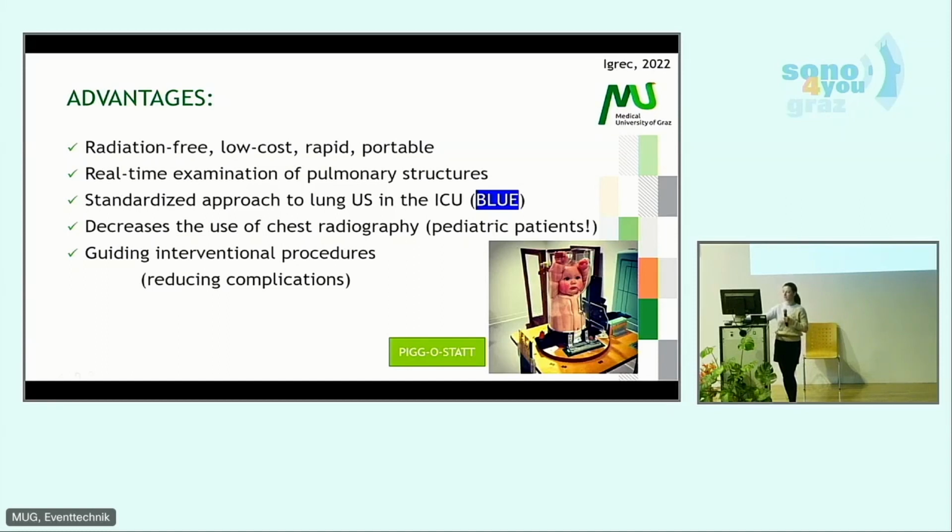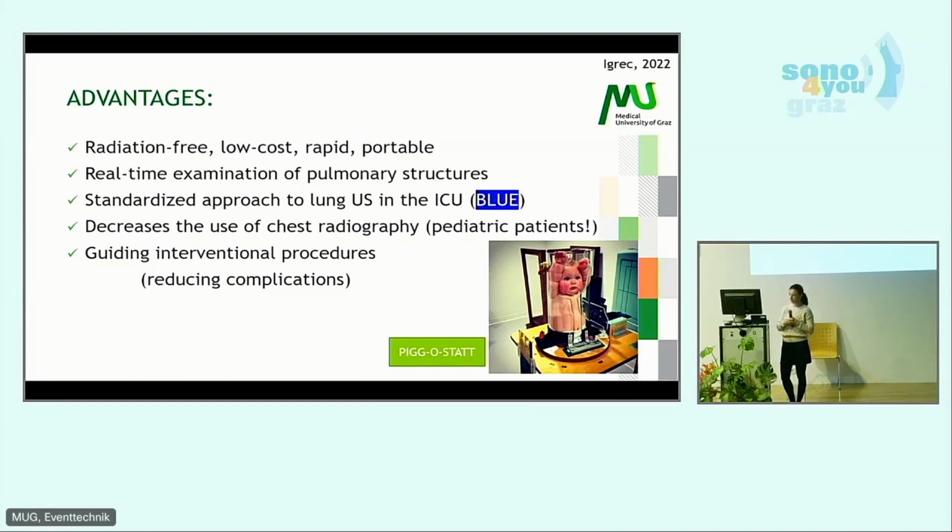So for instance, this is an option for a squirming kid. It's called the Pigostat. Mr. Pig was really a radiology assistant in Texas, and he came up with the idea to immobilize these squirming small kids. There are all sorts of immobilization devices for these kids.